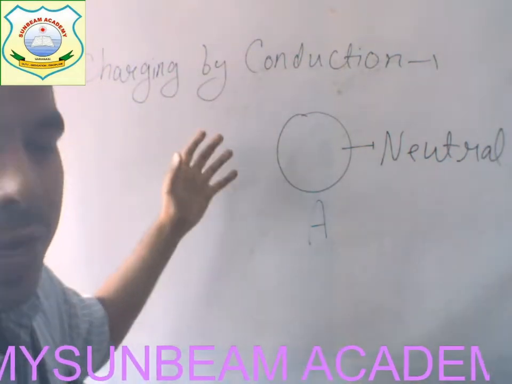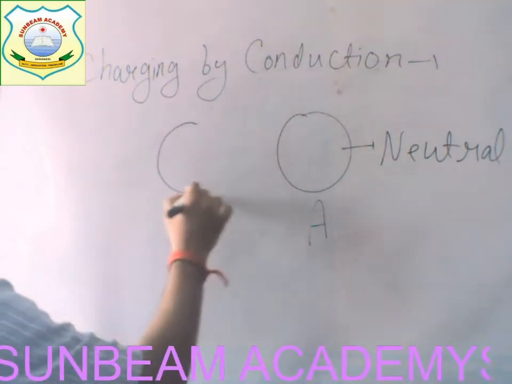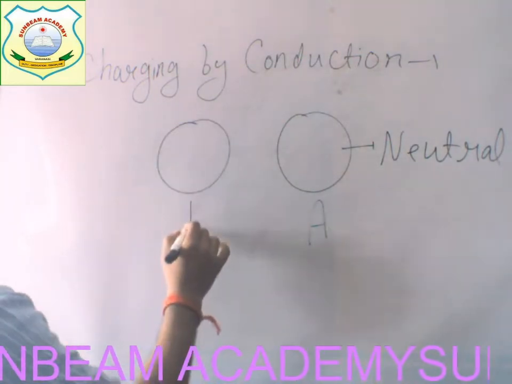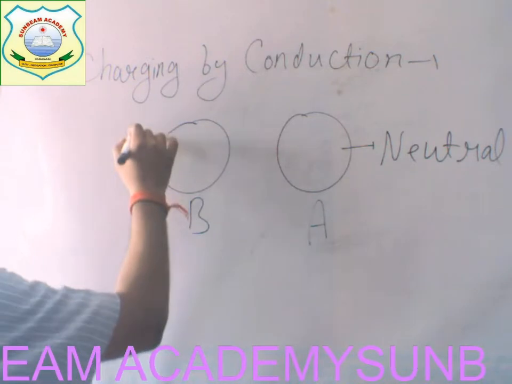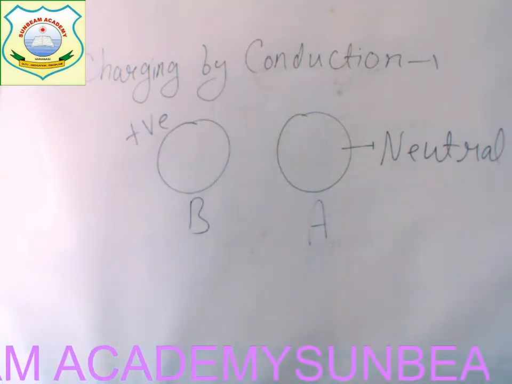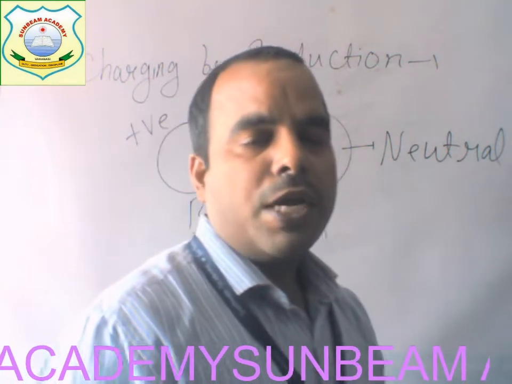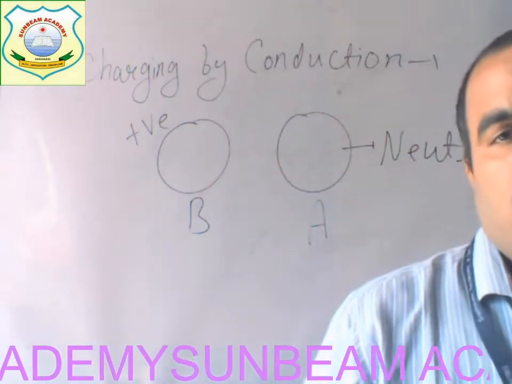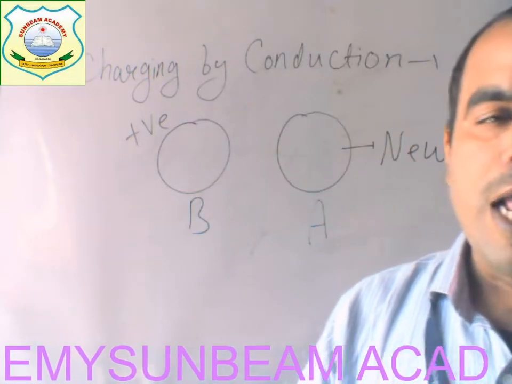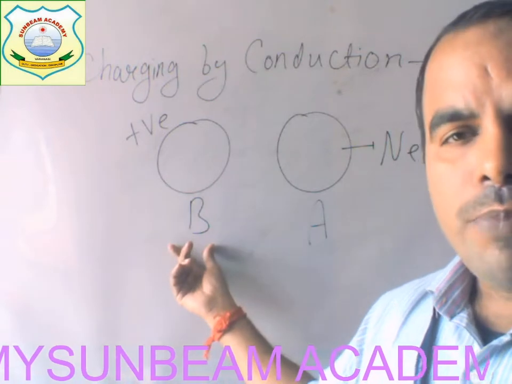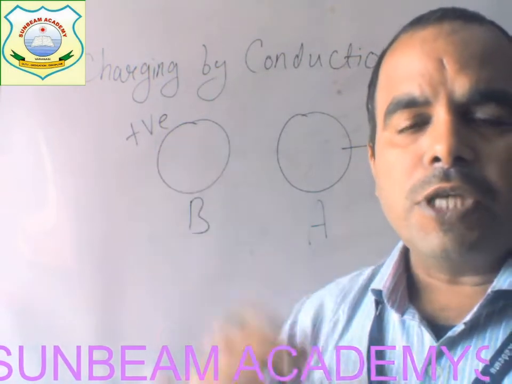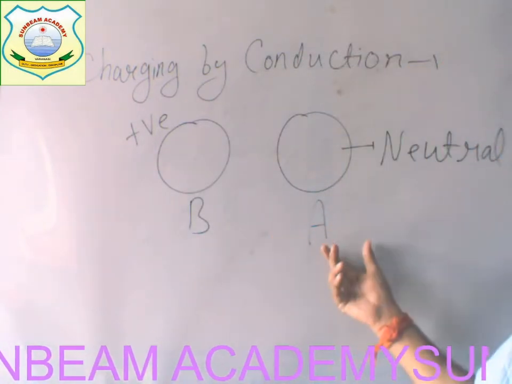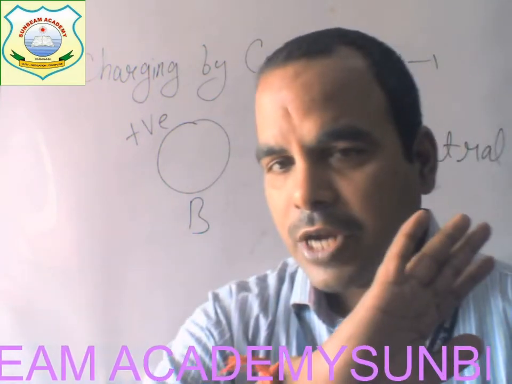And we have another object B which has a positive charge. Please try to understand, at the present time object B has a positive charge and object A is neutral, that means it has no charge.